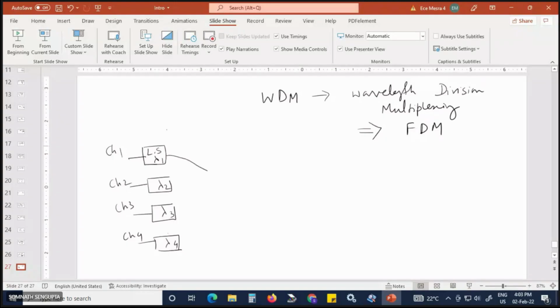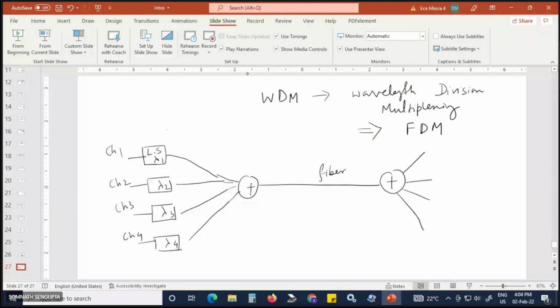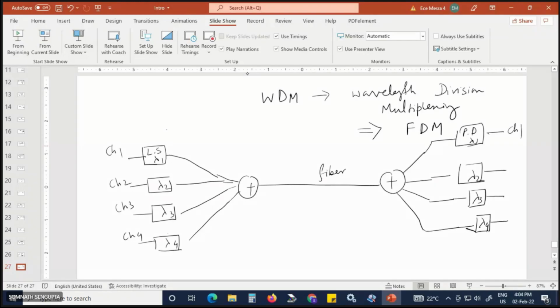All the light will be combined, then transmitted to the fiber, and again there is another device that will decouple this, and a photodetector will detect a particular wavelength: lambda 2, lambda 3, lambda 4, and this is channel 1 decoded, 2, 3, 4.